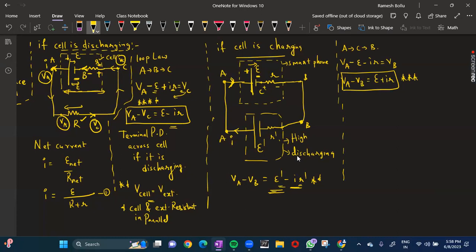I am requesting everyone to remember it at your fingertips. If any cell is charging, what is the terminal potential difference across the cell? Very, very important note. If a cell is charging, its terminal potential difference is equal to E plus I into R. You should compulsorily remember this at your fingertips.